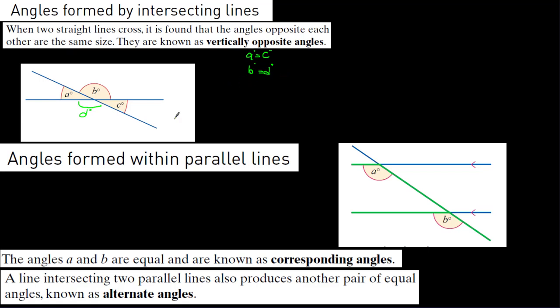And angles formed with parallel lines. If two lines are parallel, we understand from this sign that these two lines are parallel to each other. There are corresponding angles and alternate angles.